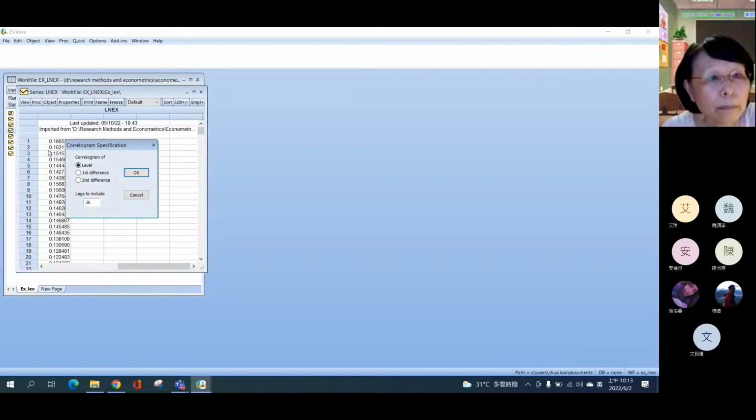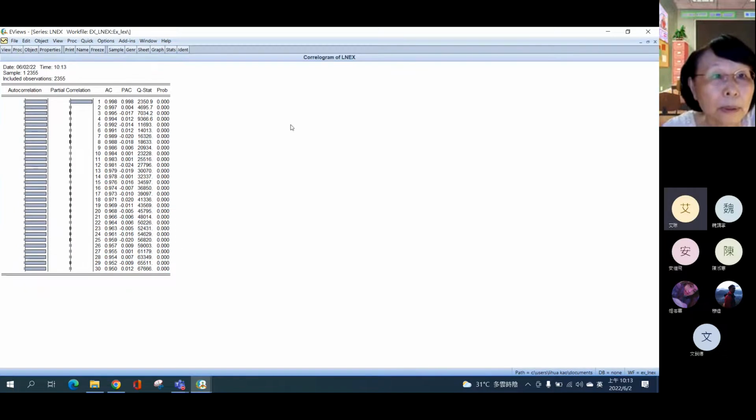We are working with the levels, and we need to decide the lags. Usually, according to the data, it's 1/4 or 1/3 of the observations. But if you have a huge sample, maybe you can just look at the first 30. So here I can choose 30. Then I hit OK.